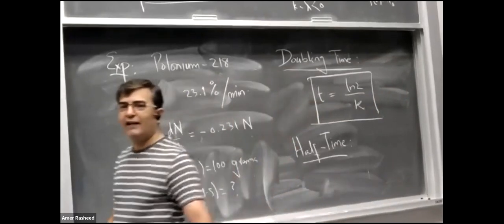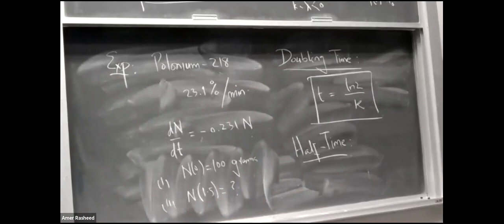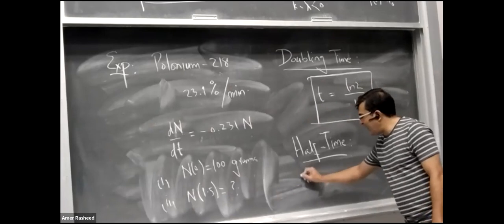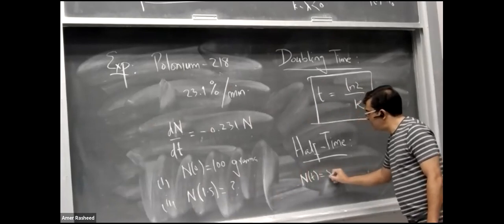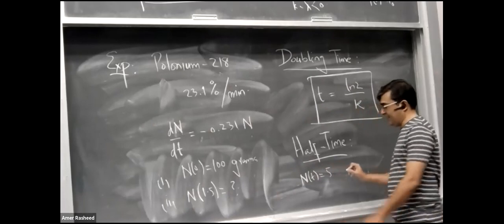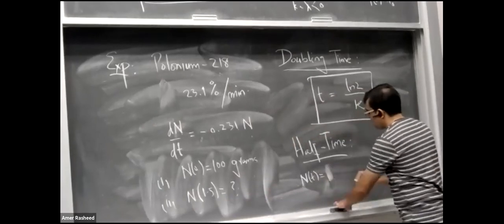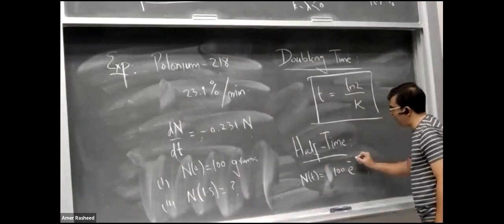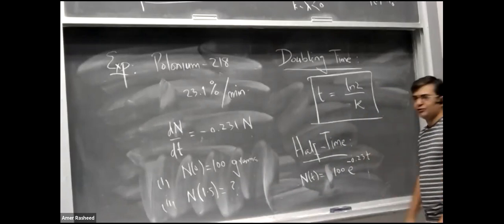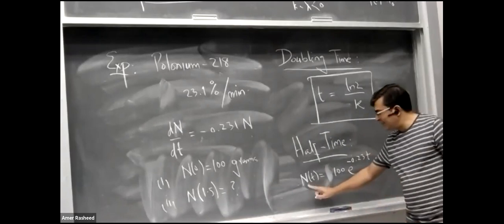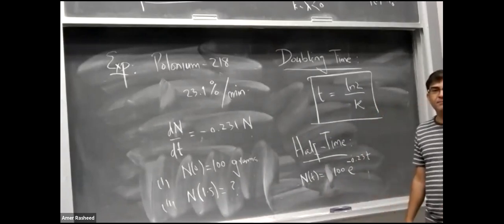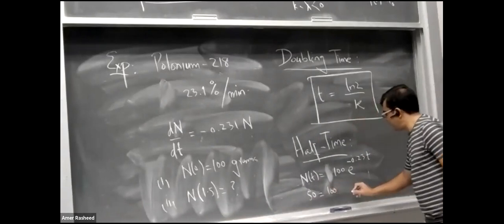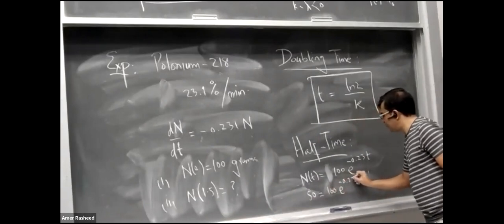I told you what is half life. ठीक है, तो half life means, आपका जो n of t है, initially it is 100 grams और 100 times exponential of negative 0.23 t, ये इसका सोल्यूशन होगा. हाफ लाइफ में यहां पे क्या पुट करना है? 50. ठीक है, so it should be 50 here, 100 times e raised to the negative 0.23 t.